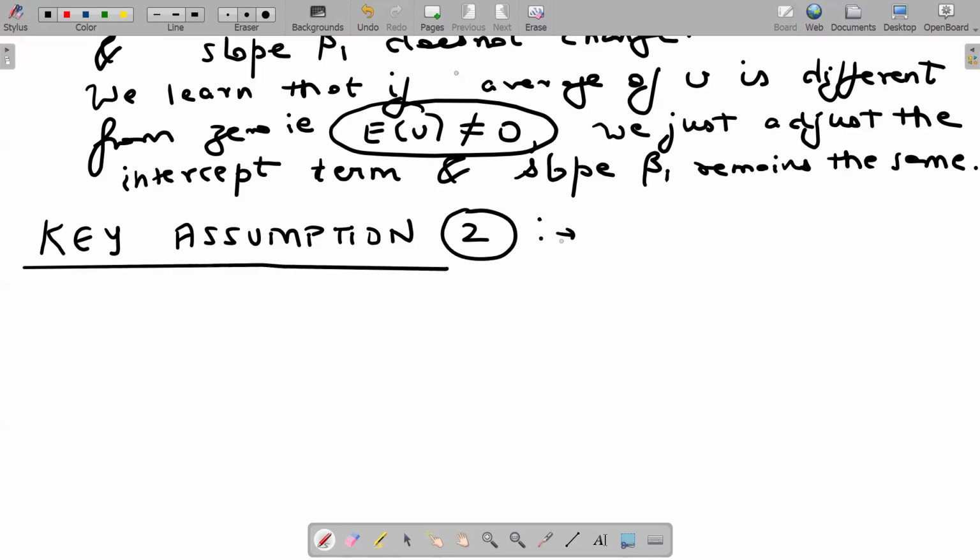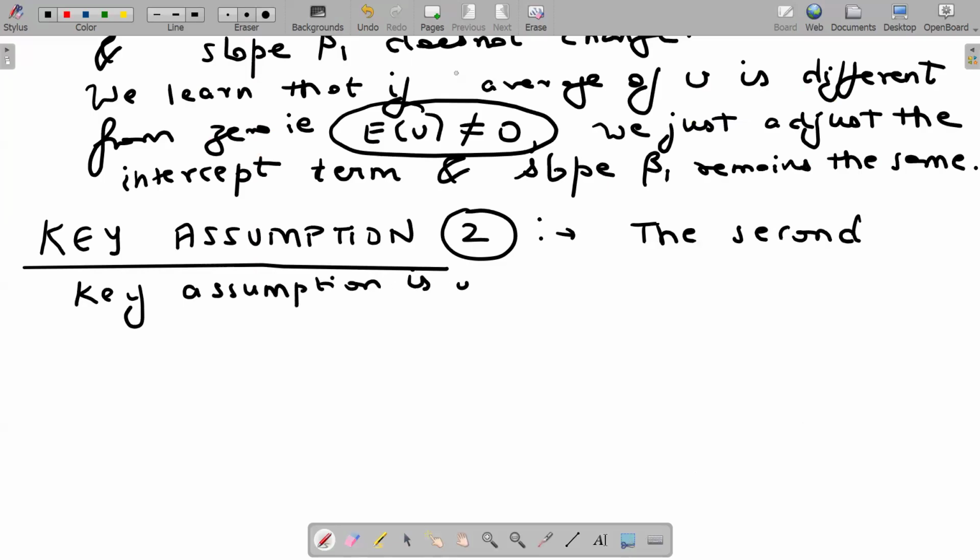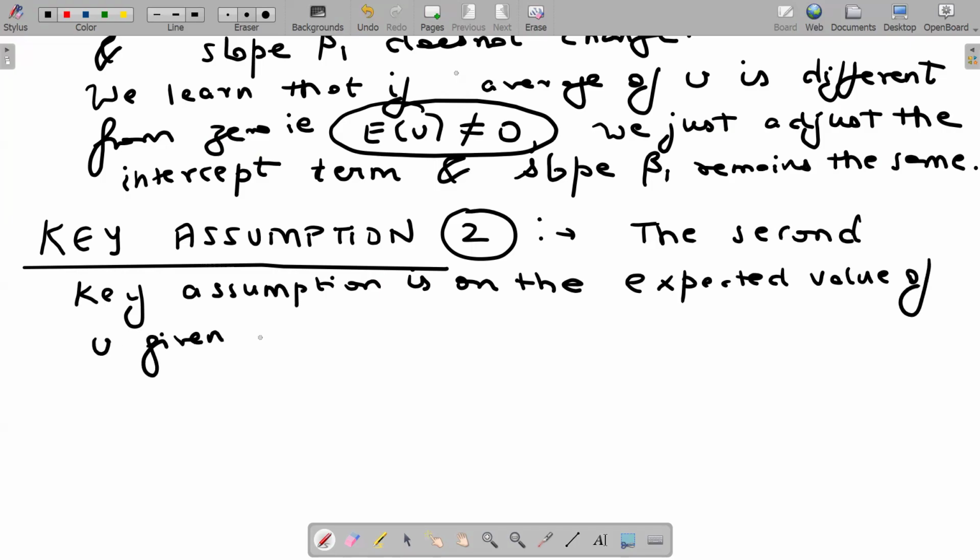The key assumption 2 we are making is that the expected value of u conditional on x is exactly equal to expected value of u. That means u does not depend upon x. So I can write that the second key assumption is on the expected value of u given x.